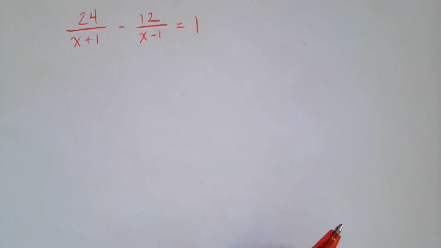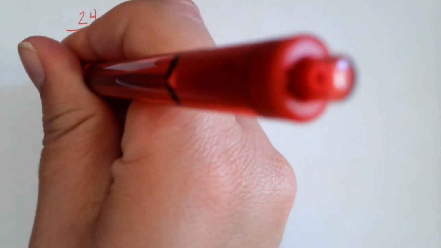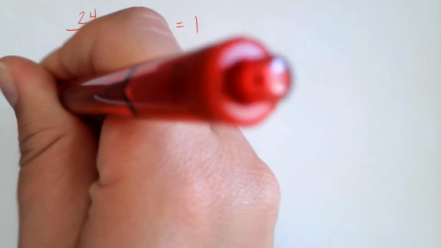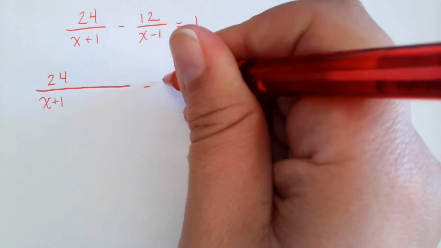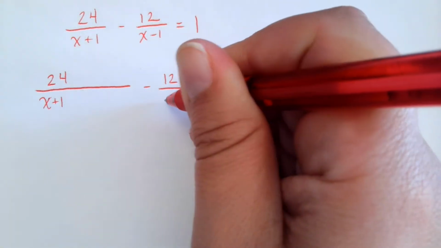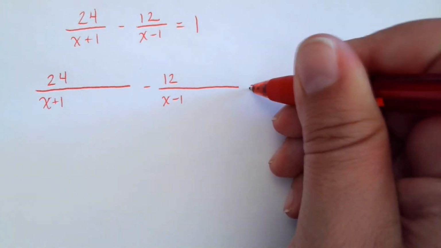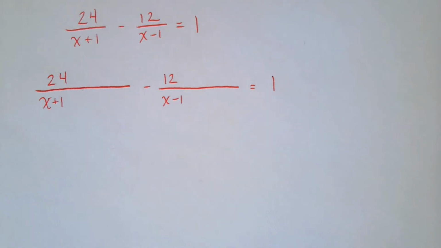Let me show you. So 24 over x plus 1 minus 12 over x minus 1 equals 1. And I have a purpose for that. So I'm going to come in with some different colors so you can see what's happening here. First I want to cancel out this x plus 1.